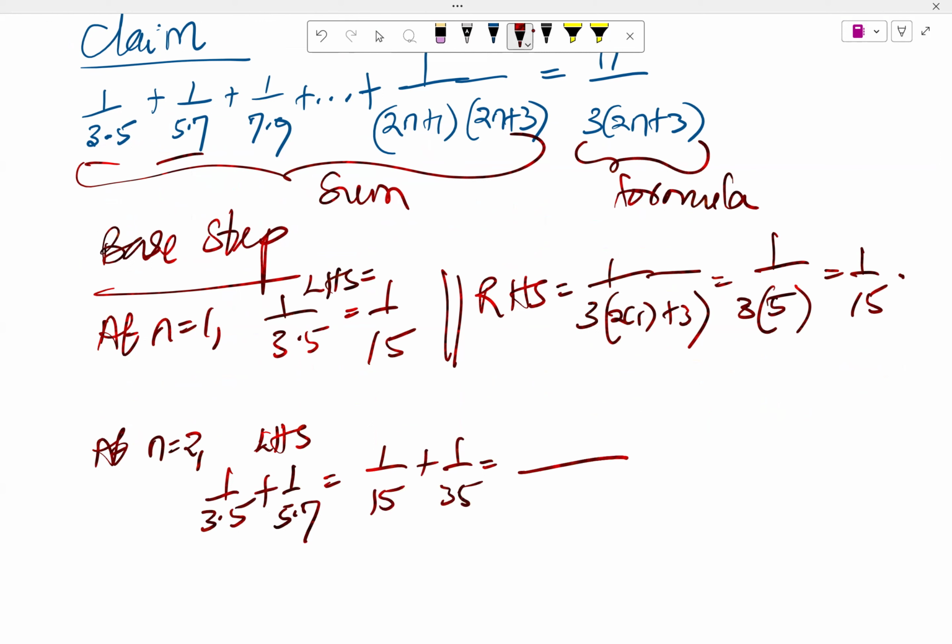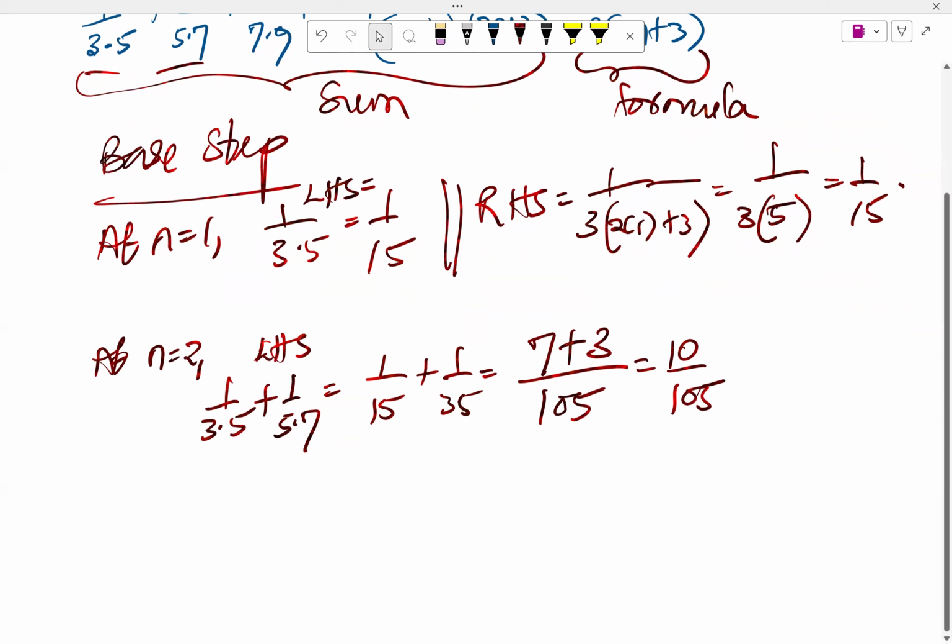The common denominator would be 105. 15 goes into 105 7 times, and 35 goes in 3 times. So that is 10 over 105 for the left-hand side.